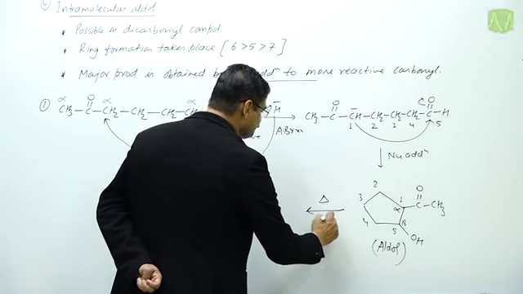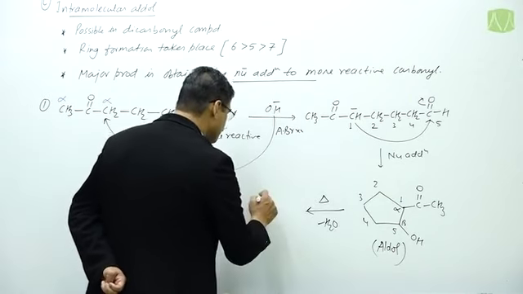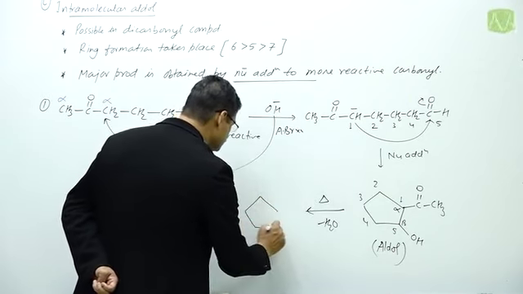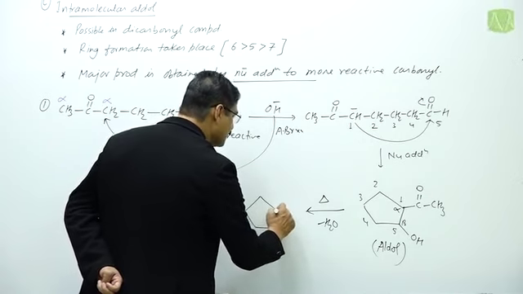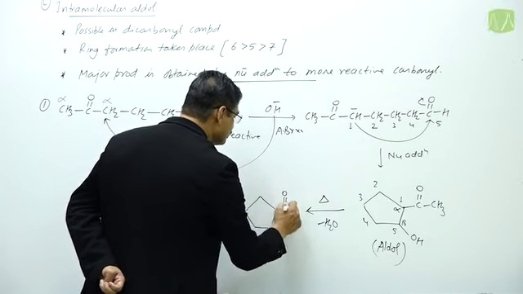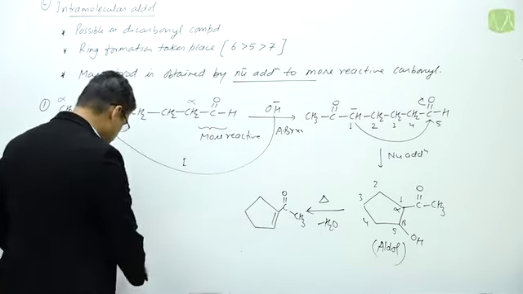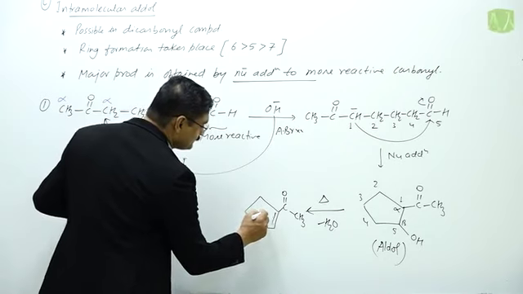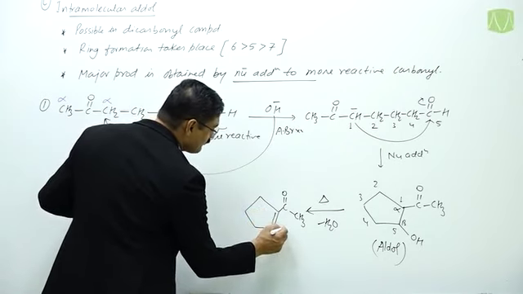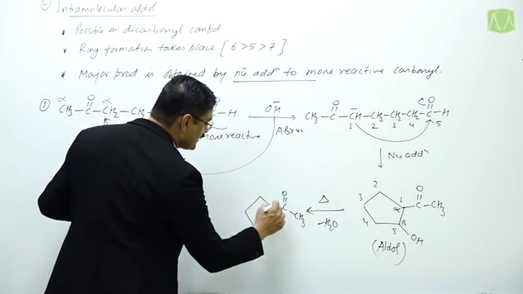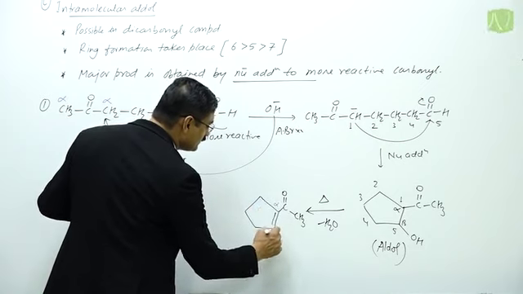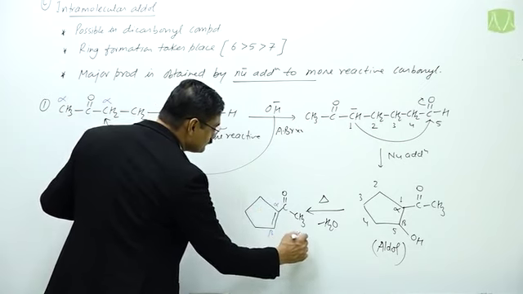On heating, water eliminates, and an alpha beta unsaturated carbonyl compound is obtained. You can check the reactant also, or verify the reactant by breaking the alpha beta double bond.